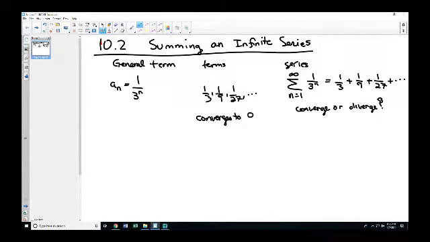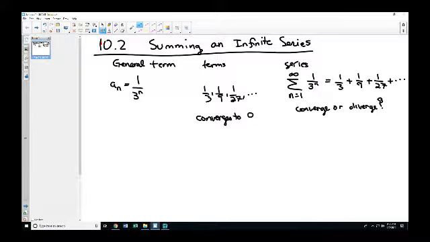Now that one's a geometric series, if we talked about geometric sequences. Geometric series actually have a formula you can compute what they converge to, as long as the r value, 1/3, is less than 1, right? But a lot of them, we can't even figure that number out.